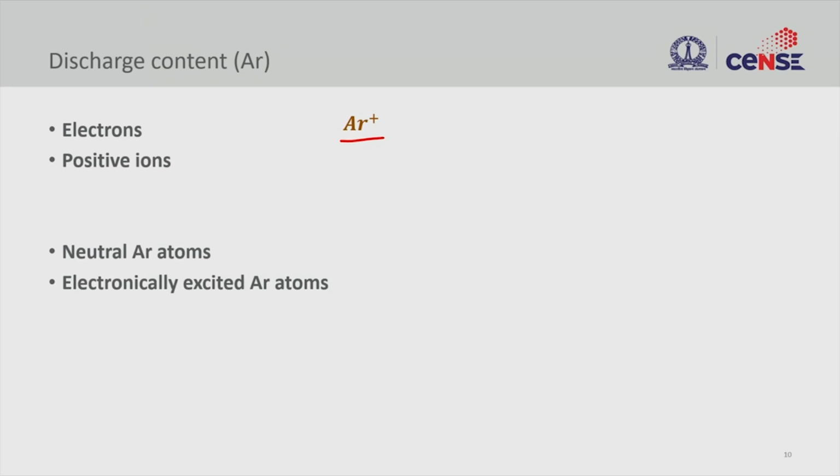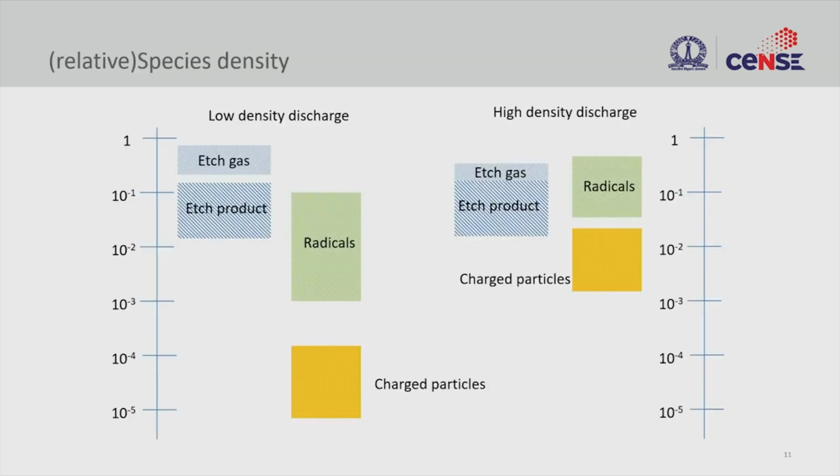In some cases, you want to make this chemistry a little bit complex, so that you have a handle on which paths to control, and you will have a possibility of controlling different types of species. And this is the relative density of different species that you have in both low density discharge and high density discharge.